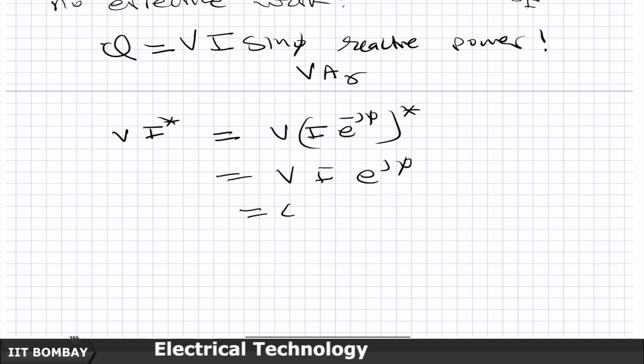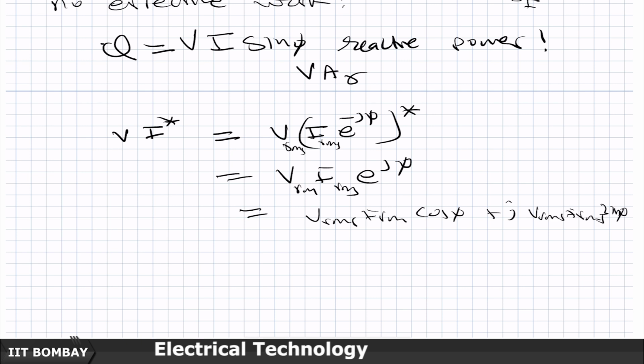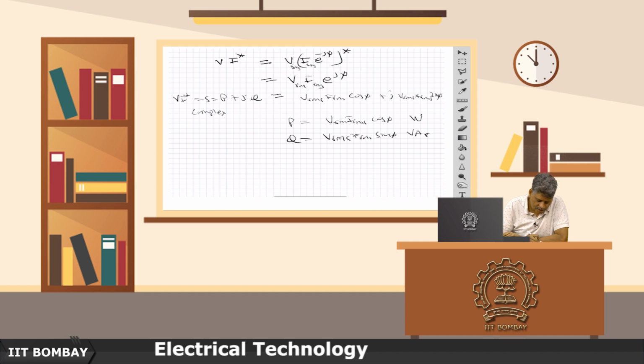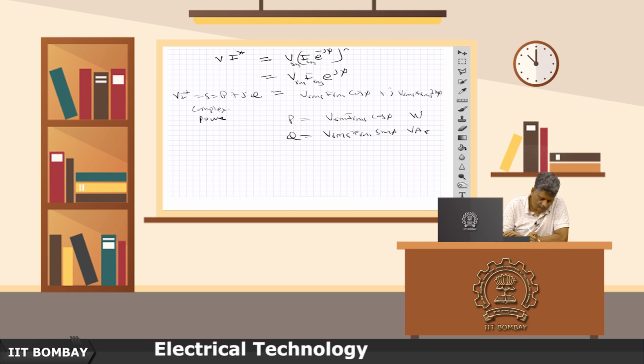So, therefore, it is Vrms Irms cos phi plus j times Vrms Irms sin phi, and this is equal to V I star, which is called the complex power, P plus j Q. This P is Vrms Irms cos phi, in watts, and Q is Vrms Irms sin phi, in volt amperes reactive.